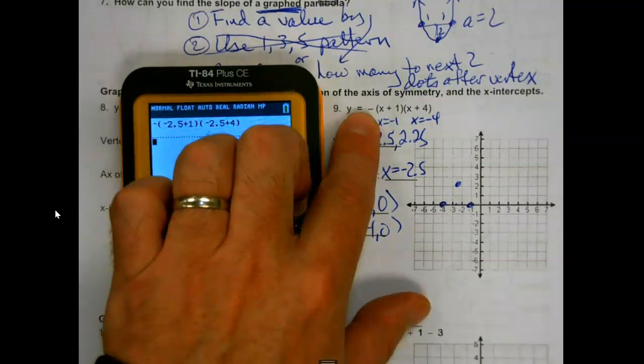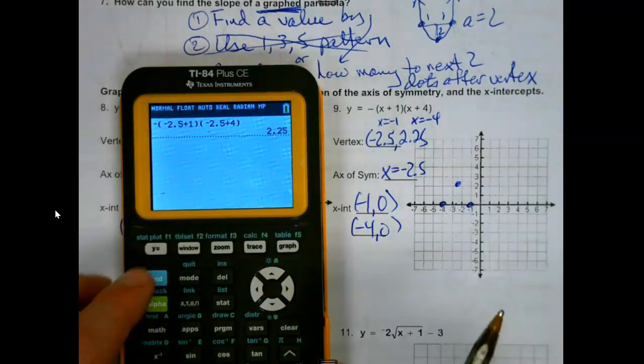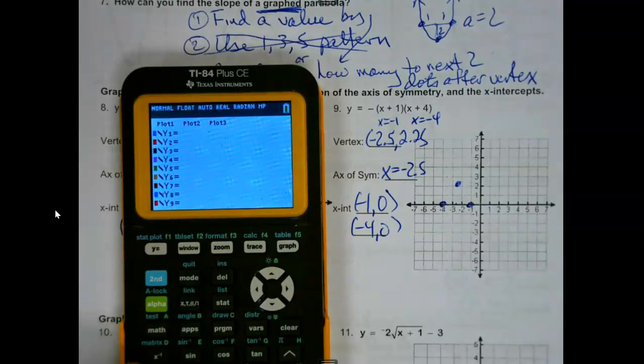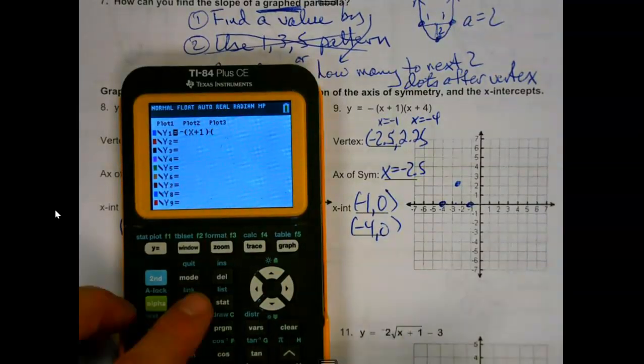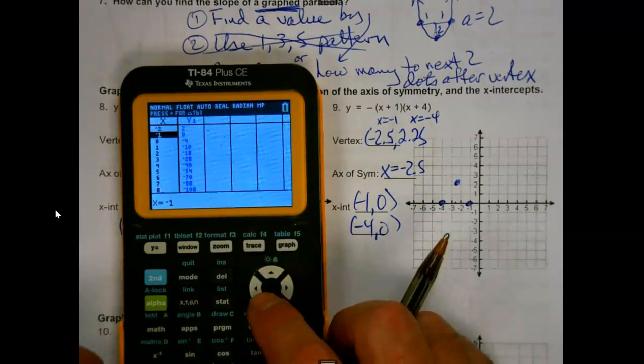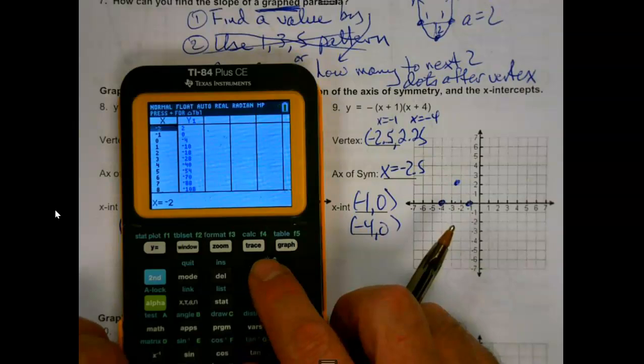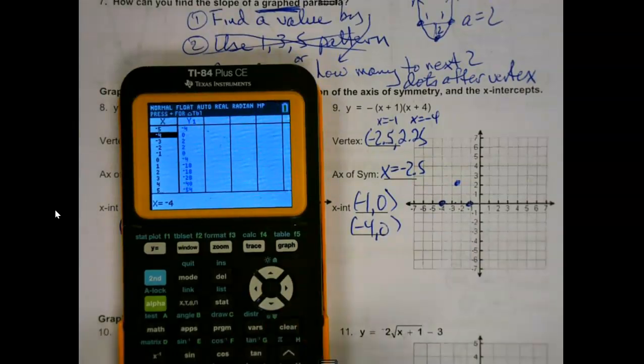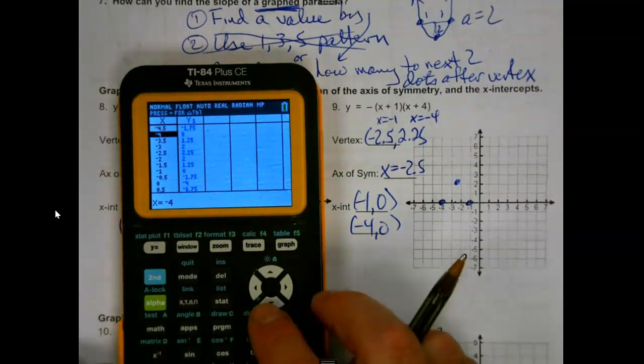Is that reasonable? We're going down. It's looking reasonable. If you're still a little afraid and you want to check, you're like, all right, let's see. Oh, I can't see my vertex in here. Plus 0.5 because it's a half.